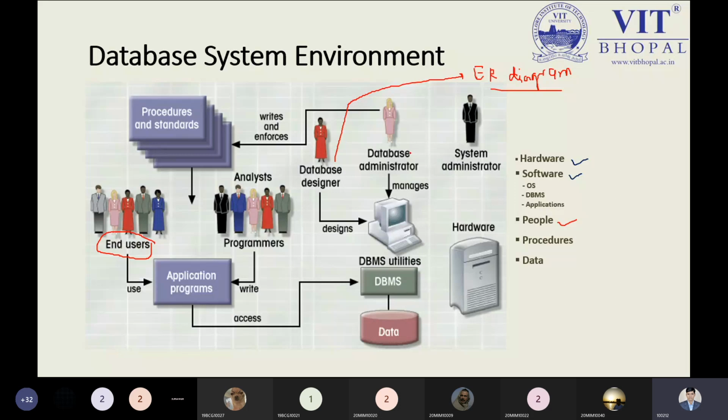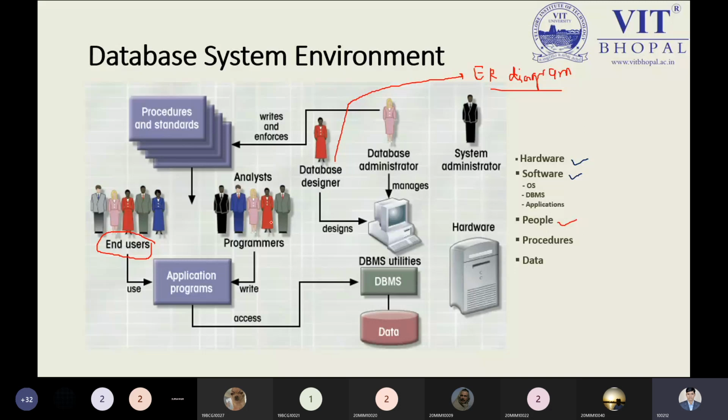But the database admin will define something. There are procedures and standard rules and regulations which are to be written for the database. And there are some positions, some people, who lie between the end user and the database admin or database designer: programmers or analysts. After analysis, we may find there is some problem in the ER model, because we have not coped with the ER model to design the database.